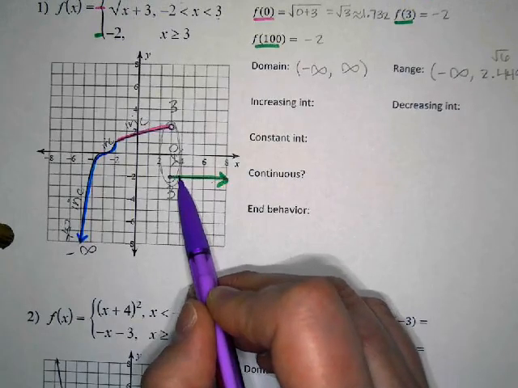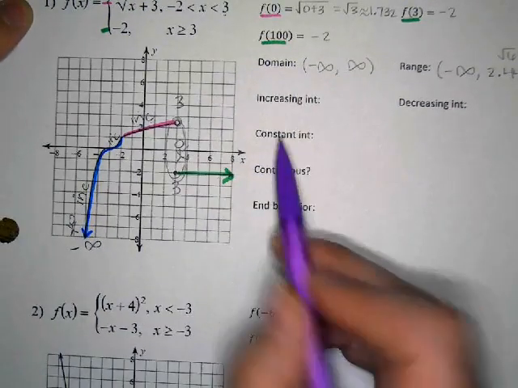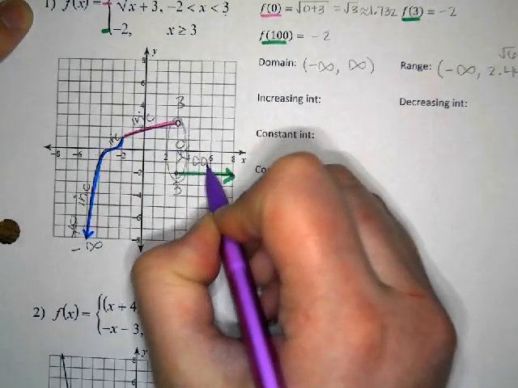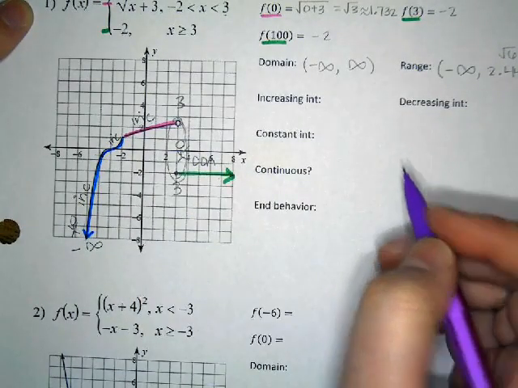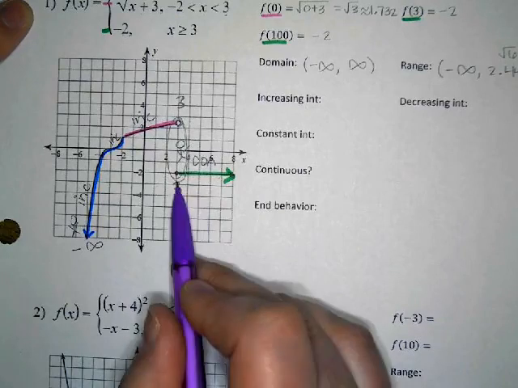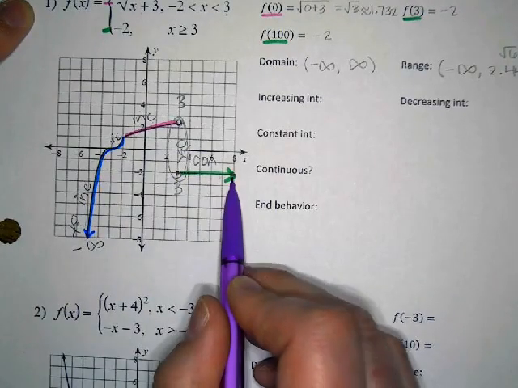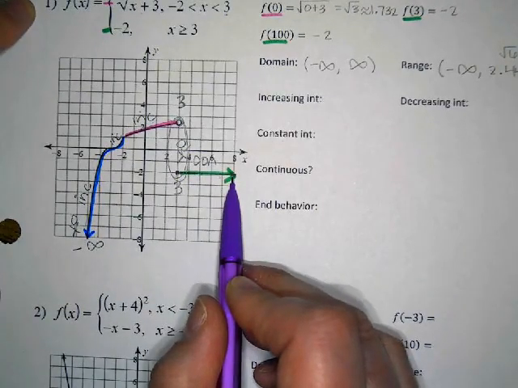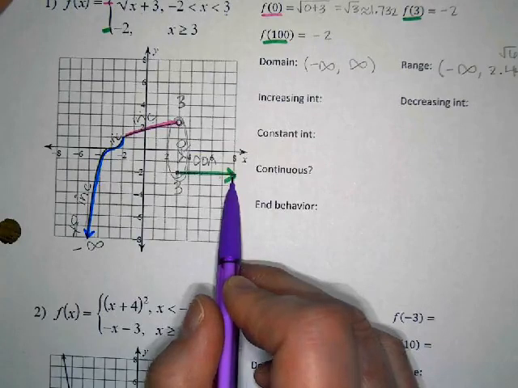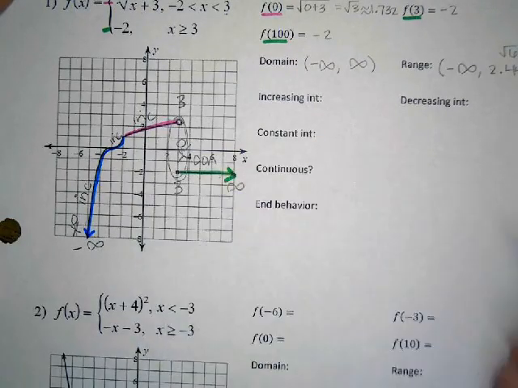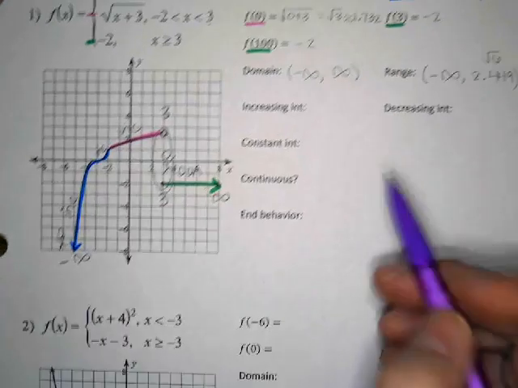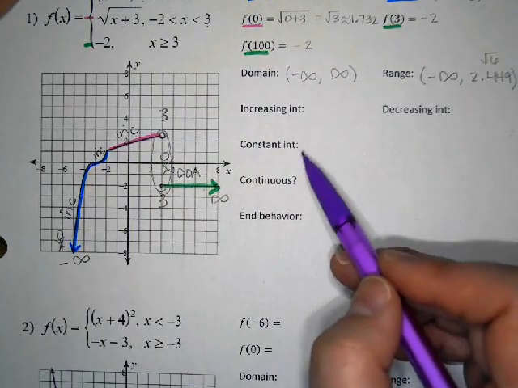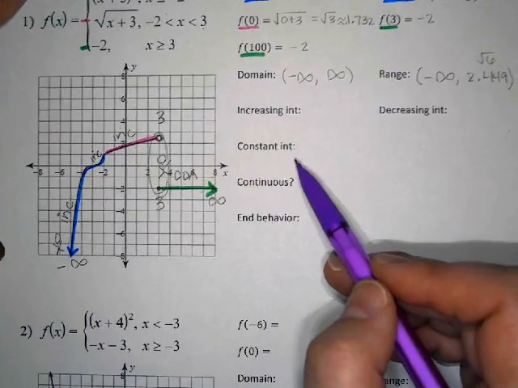He's walking on a flat surface, and we call that constant. Not uphill, not downhill, just constant. And he's doing it from 3 all the way to a right arrow, which is what number? Infinity. Okay. So what type of interval do we not have anything for? Decreasing. So over here we're going to say none.